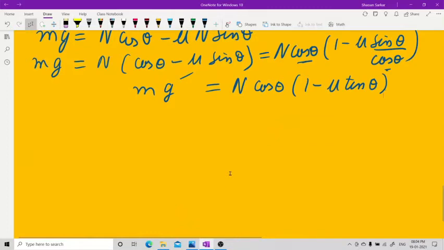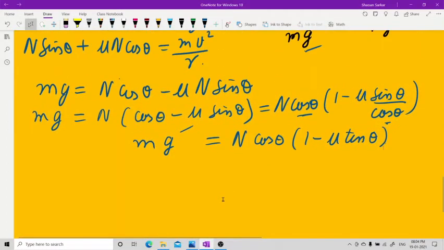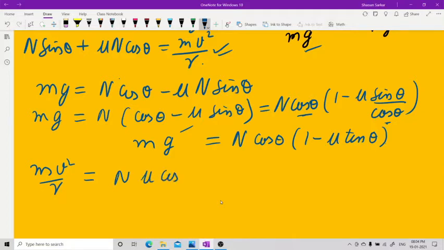Now you have the next equation. This is my most important equation. The next equation is this one, which I need. Now see, mv square by r. What I'm doing is taking n common, and then you have mu cos theta plus n common sine theta.